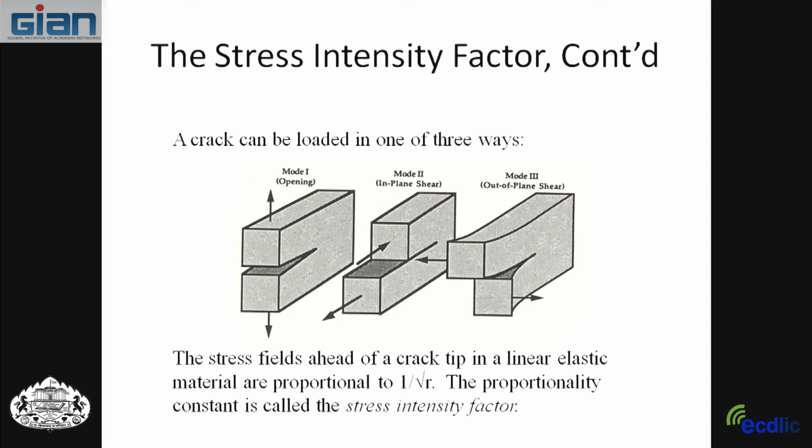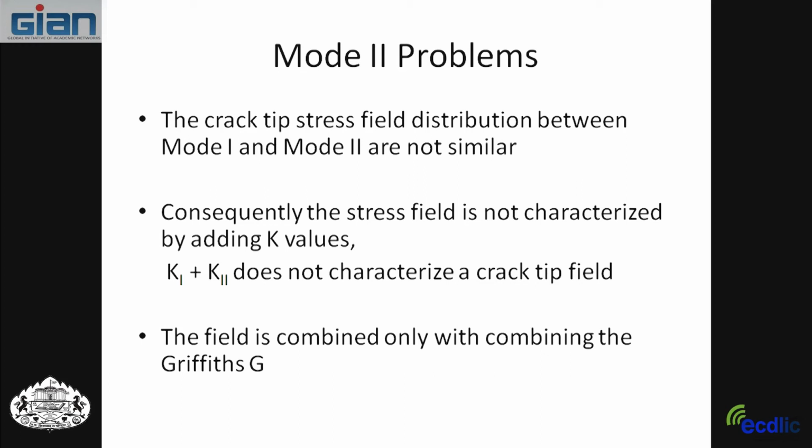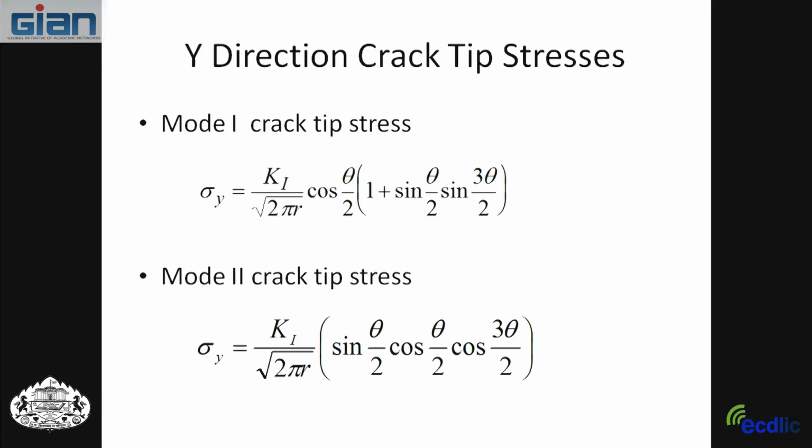Anyway, I want to then go from mode 1 to mode 2 and combine modes a little bit. Here's the problem with mode 2. The crack tip stress field distributions from mode 1 to mode 2 are not similar. Show you here, this is the y direction stress.